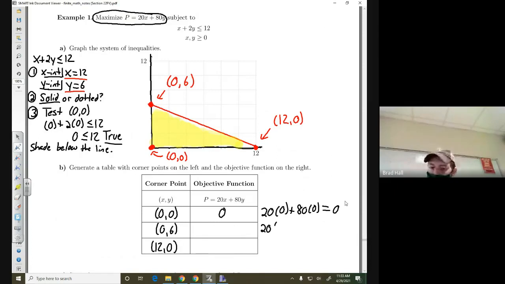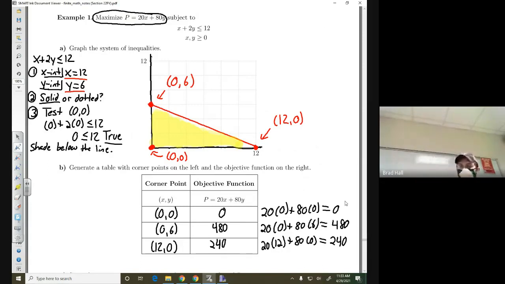And so the next one, this one says that x is 0 and y is 6 for that row. And that's 480. And then finally, 12 for x, 0 for y. We get 240. So those are the numbers that go into the second column.